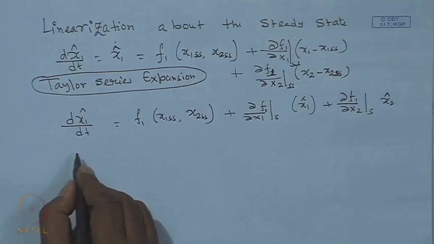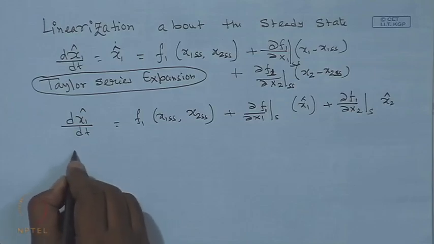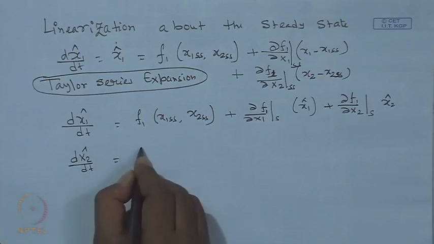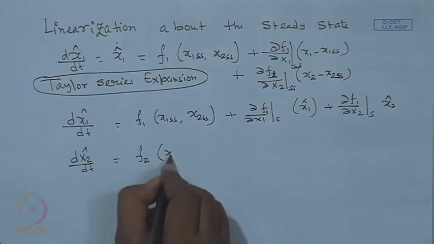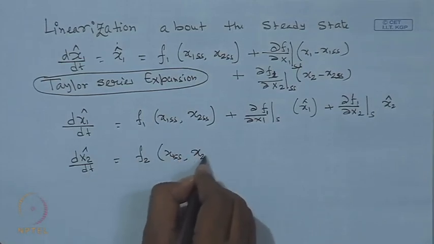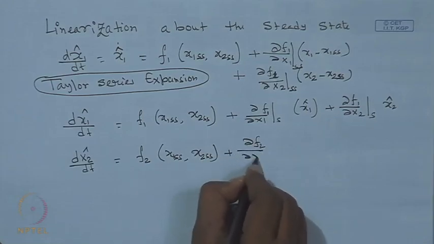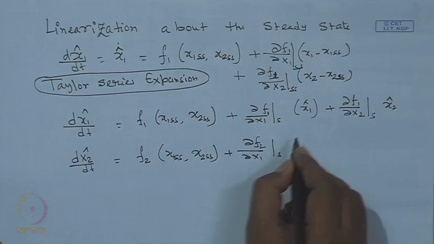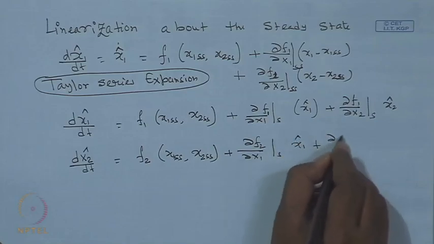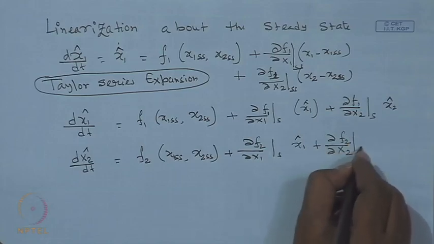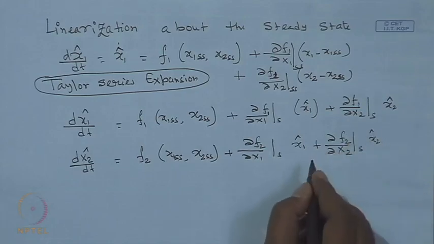Similarly, we get dx2 hat dt as nothing but f2 of x1 ss, x2 ss plus del f2 del x1 evaluated at steady state times x1 hat plus del f2 del x2 evaluated at the steady state multiplied by x2 hat.